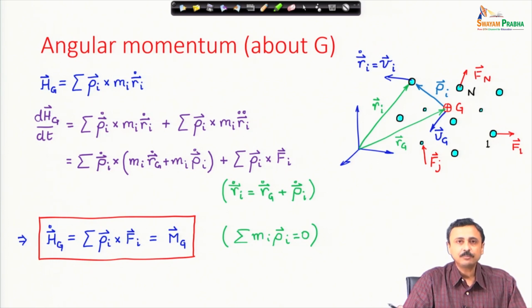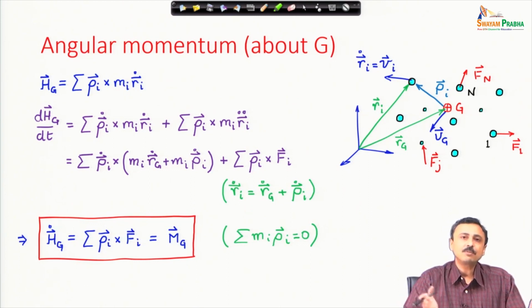So, once again let me reiterate, we have derived the generalized Newton's second law for a system of particles, which tells us the motion of the center of mass of the system. This equation tells us how the angular momentum is going to change about the center of mass for this system. Now, if I want to find out how a system of particles is behaving, then I must study two things.